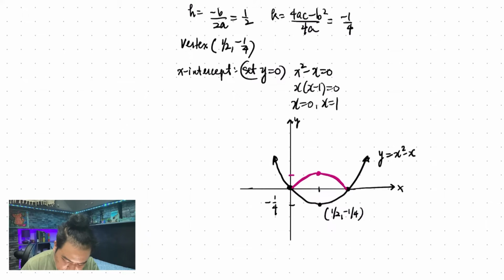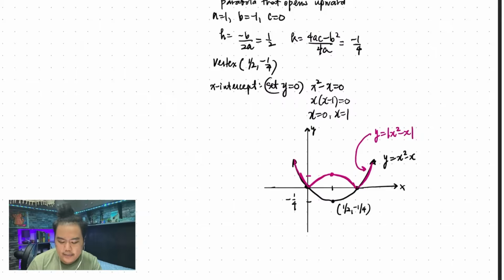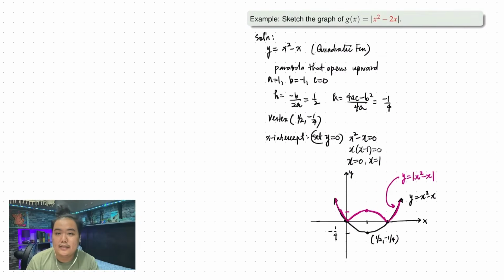So, yung pink, yung reflection nito. So, ibig sabihin, yung graph ng absolute value nito is, itong i-highlight ko, na ito-drawing ko in pink. So, itong pink, siya yung y equal to the absolute value of x squared minus x.